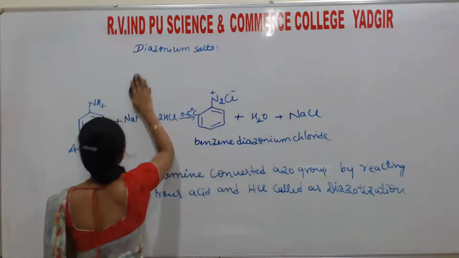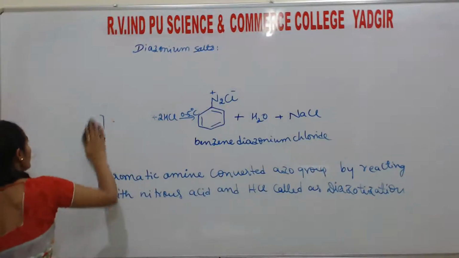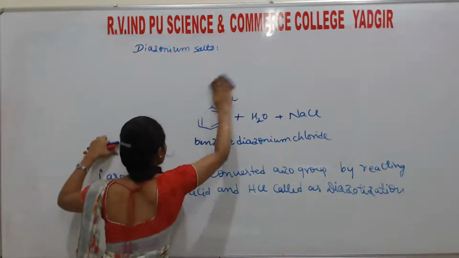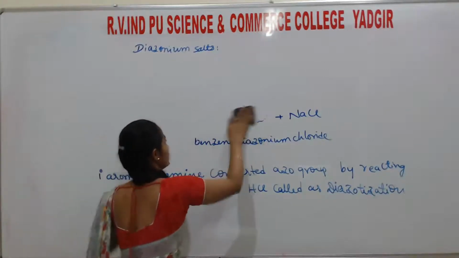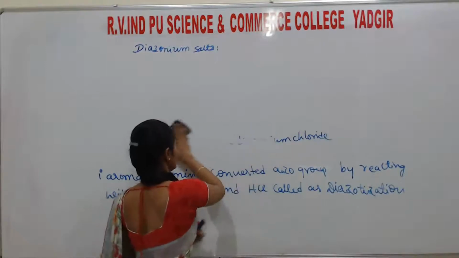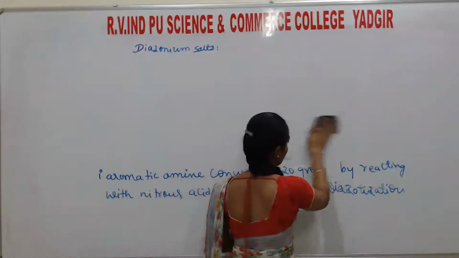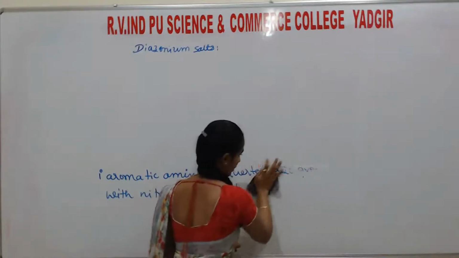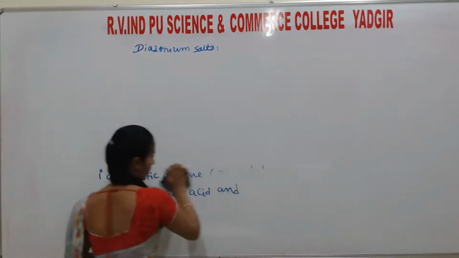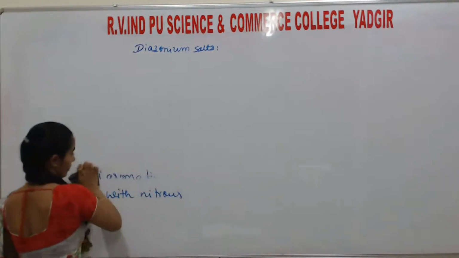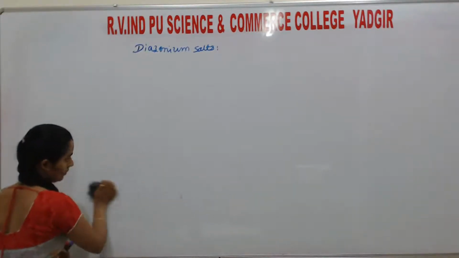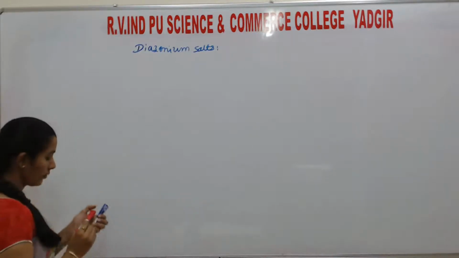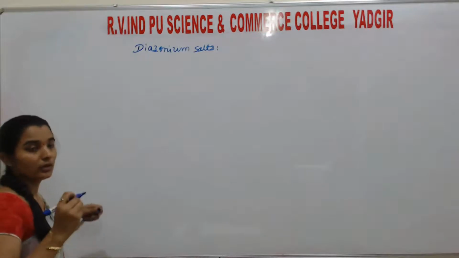So these compounds undergo two types of chemical reaction. One is replacement of the N2 group, a reaction involving displacement of N2.